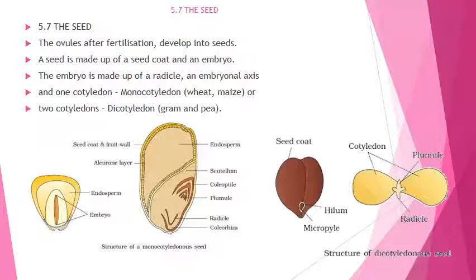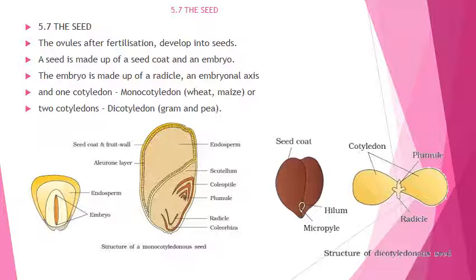Now, monocotyledon seeds are those seeds which do not break up into equal halves. You will understand what equal halves means when I explain dicotyledon. Monocotyledon seeds are those which cannot be divided into two equal halves, like wheat and maize.